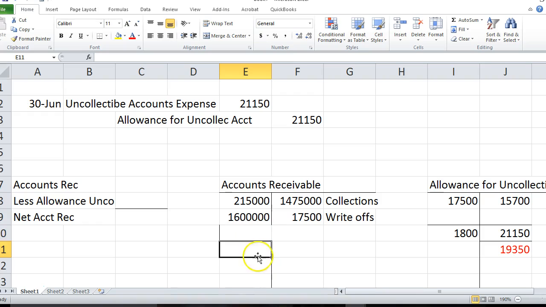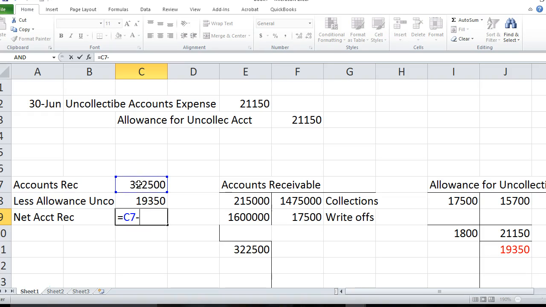So we've still got the same net balance here of 322.5. So we're going to show our accounts receivable 322.5 less allowance for uncollectibles of 19,350, which is going to give us our net of 303,150. Under the other method, it was 305,100. Okay?